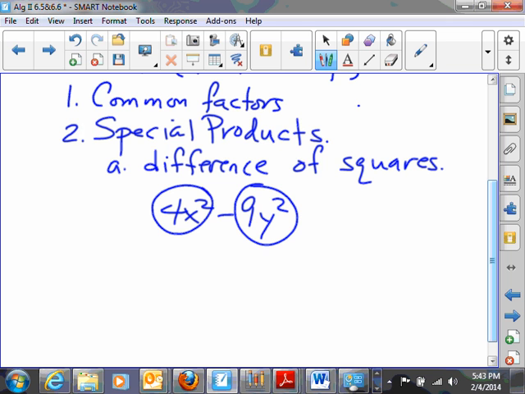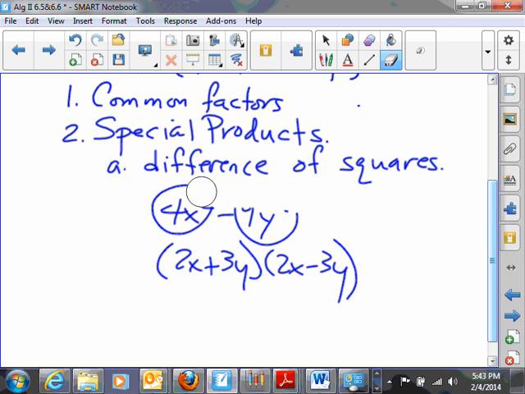And what do you square to get 9y squared? 3y. So this factors into 2x plus 3y times 2x minus 3y. That's a pretty easy pattern to factor, and it's a pretty easy one to see. And at this particular point, check to make sure. Check always to see if you can factor it as the difference of two squares, or the difference of squares.